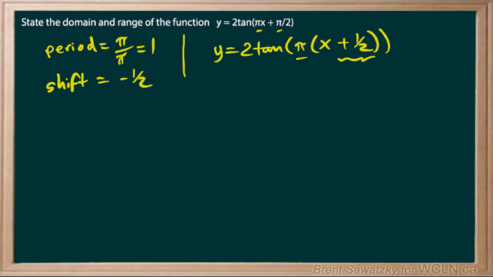So if we were to sketch this out, we might say, okay, if the period is 1, then we don't have to include any pi's on our graph here, which is kind of interesting.